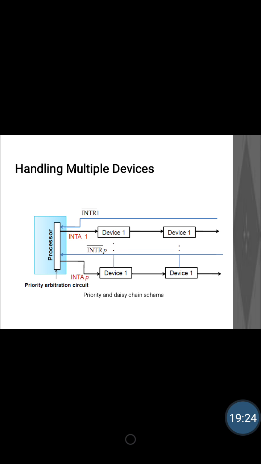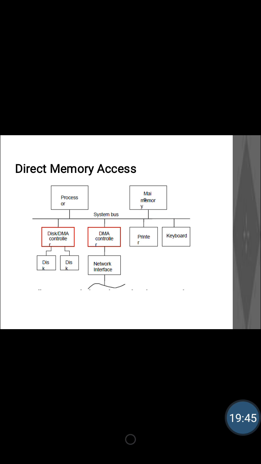So many rows will be there, and in each row many different devices are connected in a daisy chain manner. So if in the first line device 1 has requested an interrupt through INTR 1 bar, and assume device 1 of the second row has also requested an interrupt.